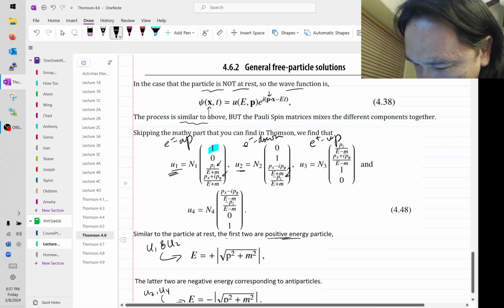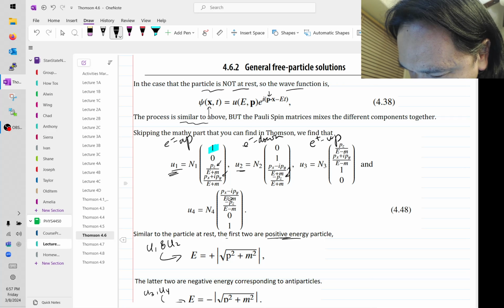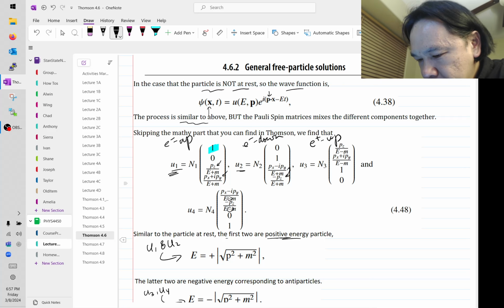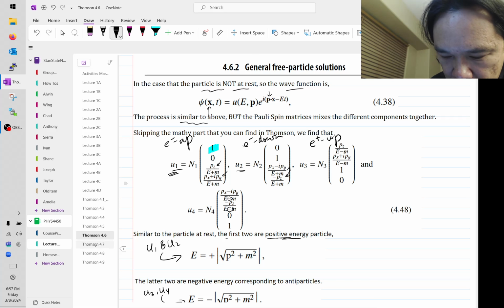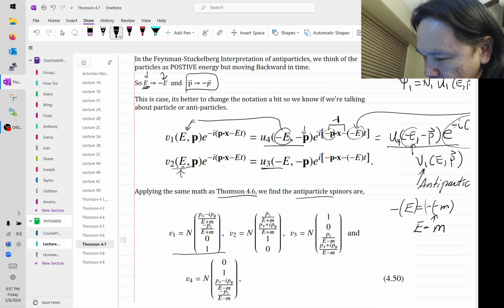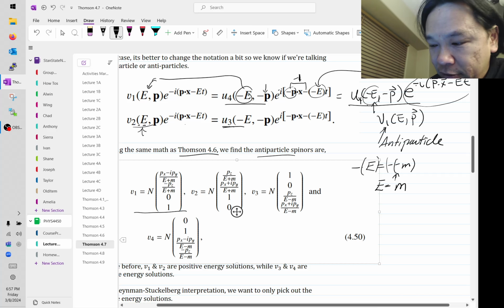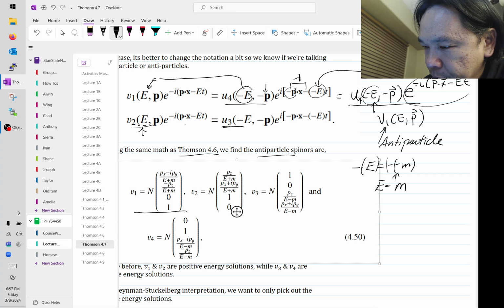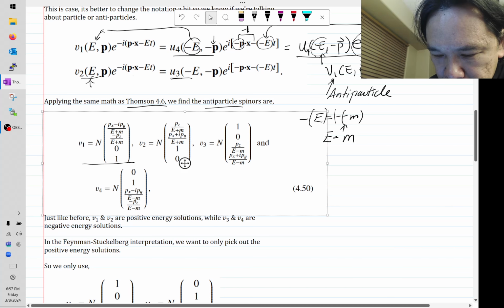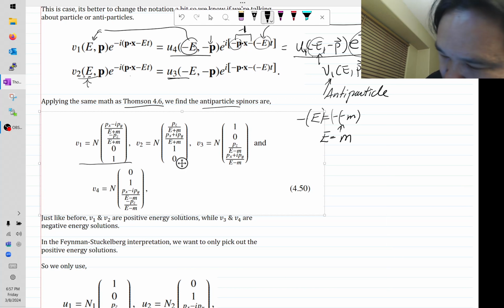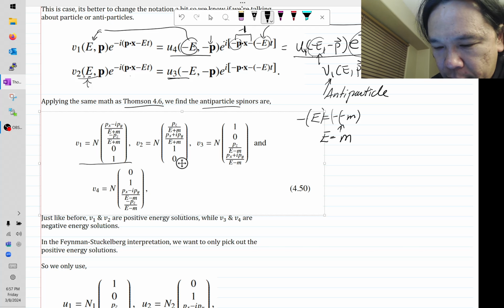Notice that there's this negative m here. What's going to happen is that negative m represents the negative energy of the antiparticle, so we're going to flip that sign because we forcibly force the energy solution to be positive.